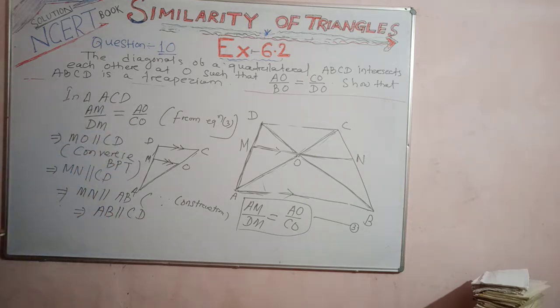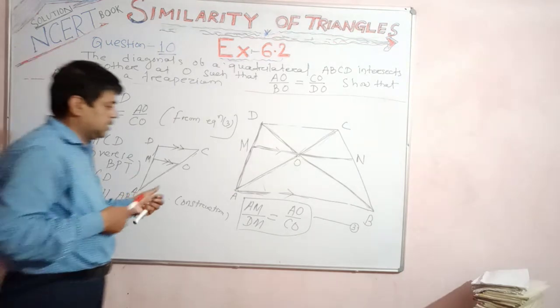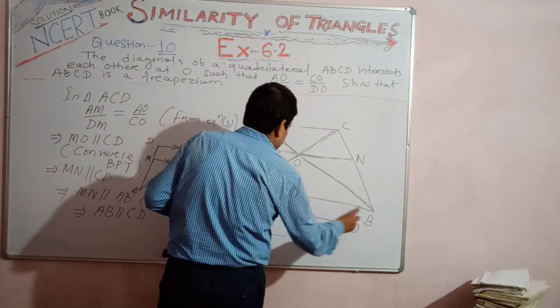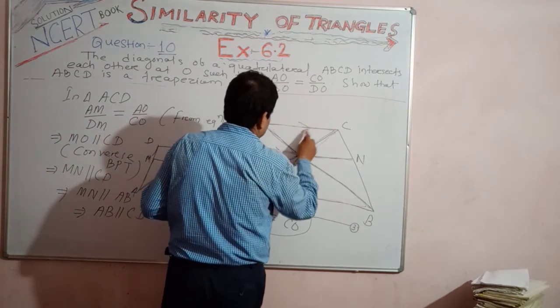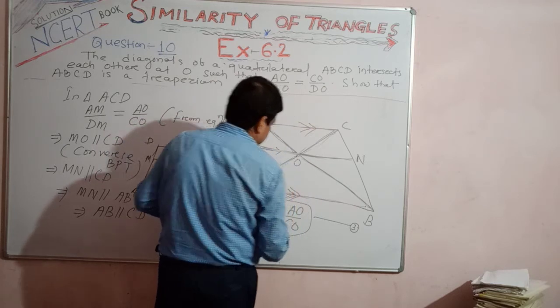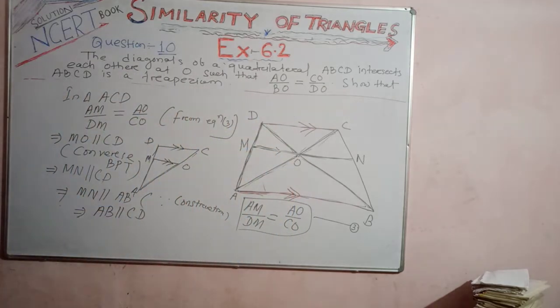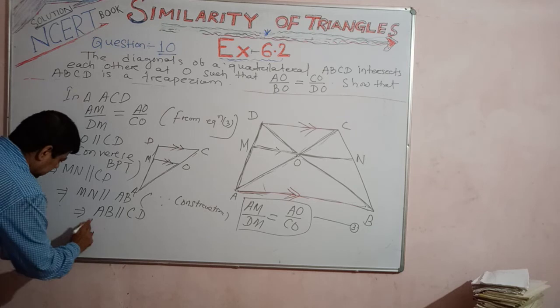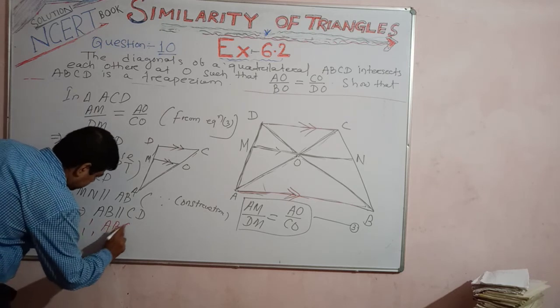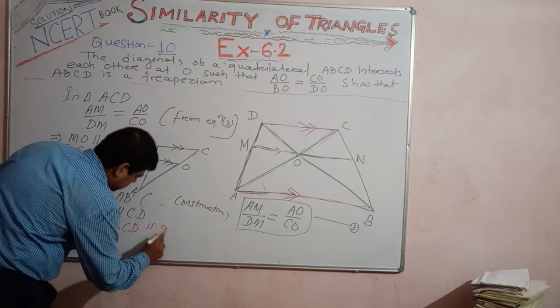Since AB is parallel to CD, one pair of opposite sides is parallel. So hence AB parallel to CD. We can say this is the sufficient condition that if one pair of opposite sides of a quadrilateral is parallel, then ABCD is a trapezium. ABCD is a trapezium.